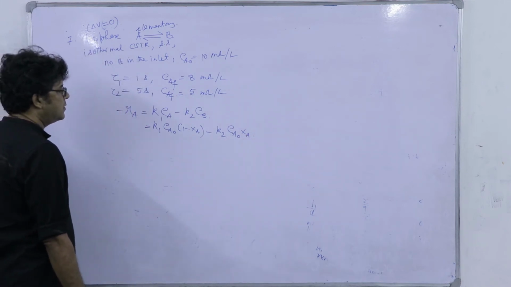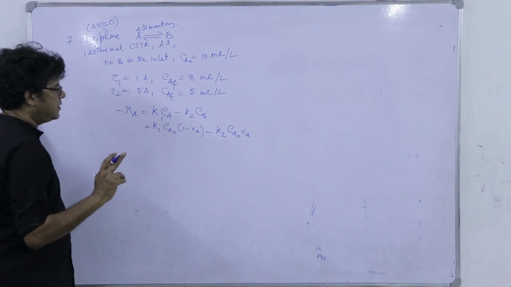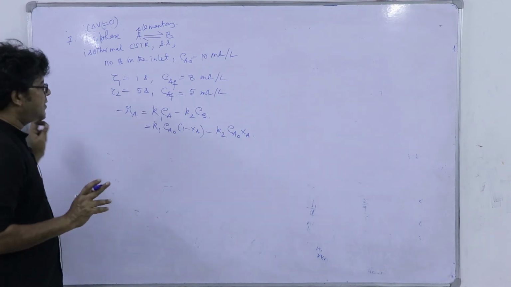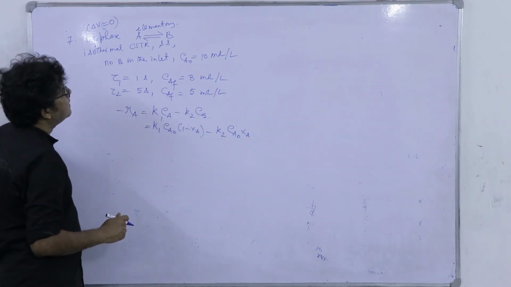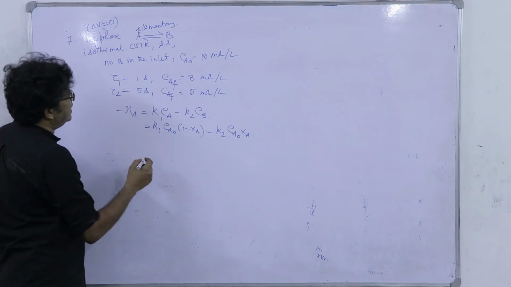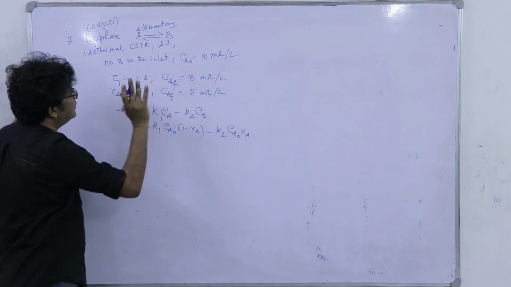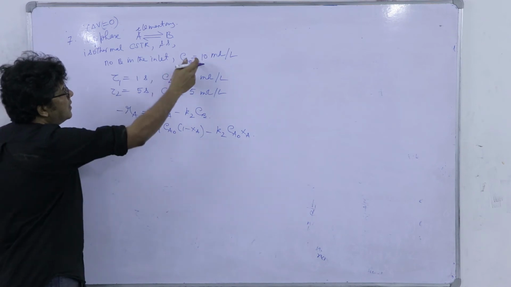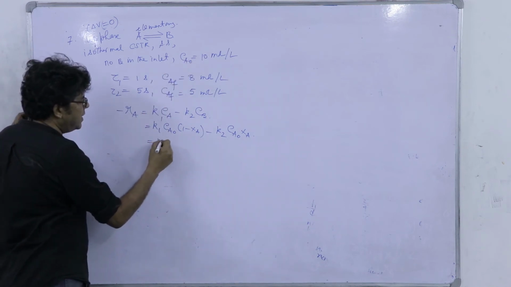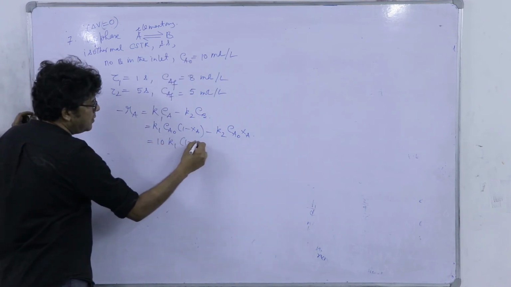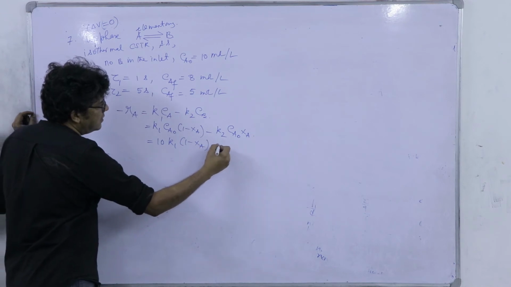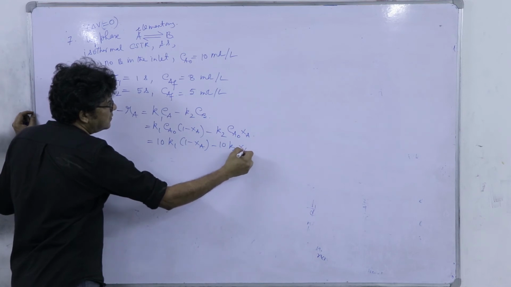So, that is the reaction rate expressed in terms of fractional conversion. Here no B, and CA naught is 10. So, 10 K1 into 1 minus XA minus 10 K2 XA.